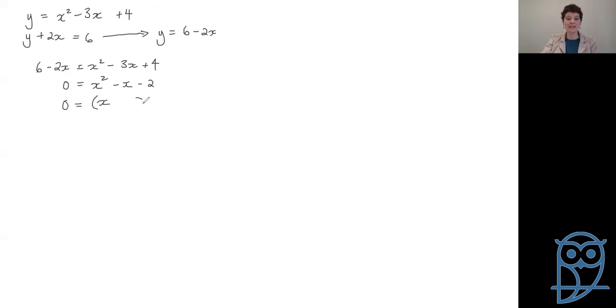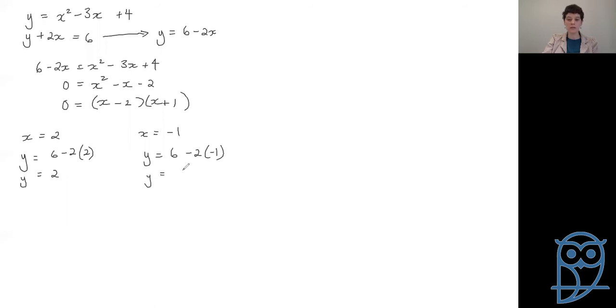So we have an x, factors of 2 subtracting for 1, 2 and 1, bigger one negative. So we have x equals 2 and we have x equals minus 1. From there, we have y equals 6 minus 2 times 2, so y equals 2, and we have y equals 6 minus 2 times minus 1, y equals 8.